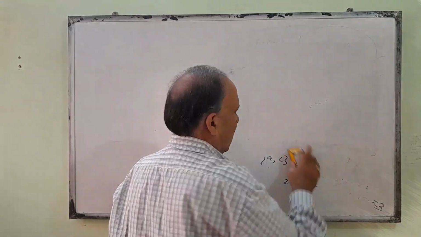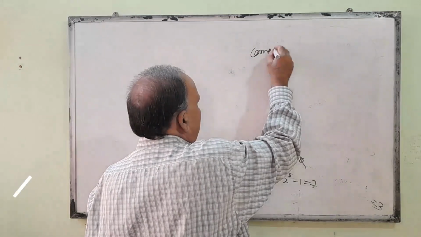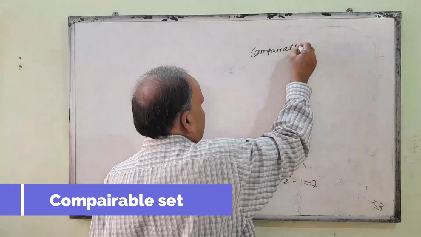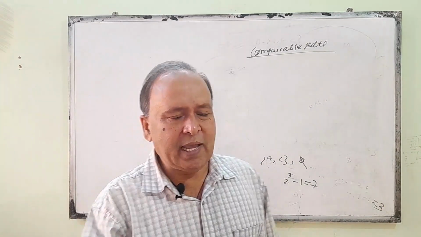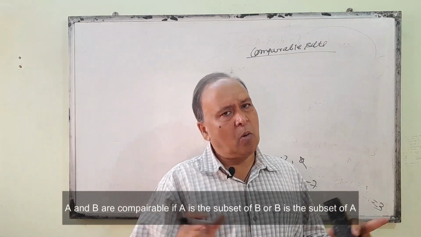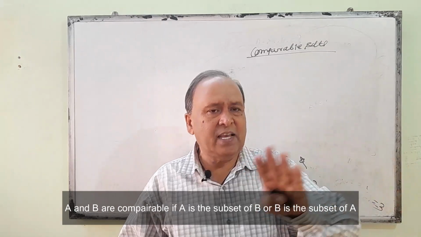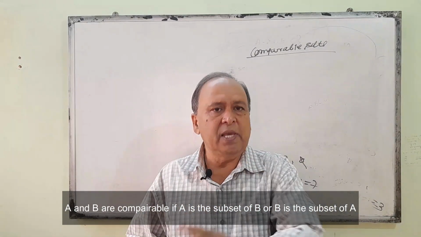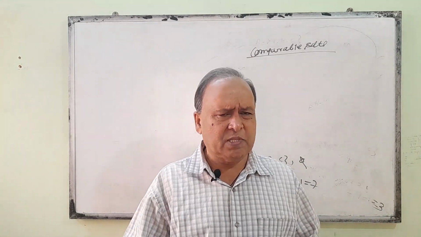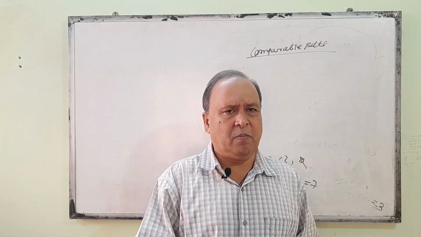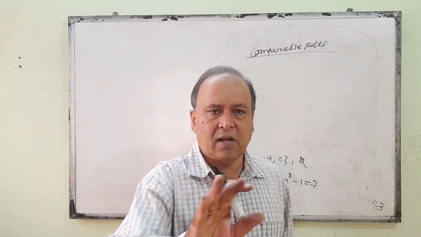Now come to comparable sets. What are comparable sets? Suppose A and B are two sets. We can say A and B are comparable if either A is a subset of B or B is a subset of A. If A is not a subset of B and B is not a subset of A, then we can say these are not comparable.